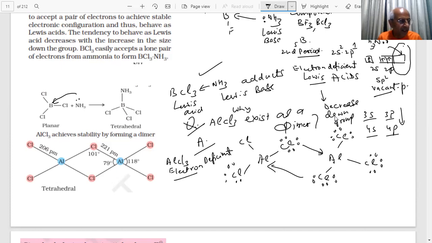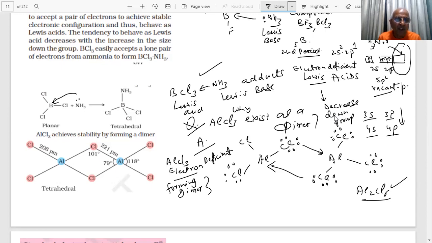Therefore, it can attain stability by forming a dimer. The halogen of one gives its lone pair of electrons to the vacant 3p orbital of the aluminium, and similarly it happens to the other. Therefore, what you get is Al2Cl6.